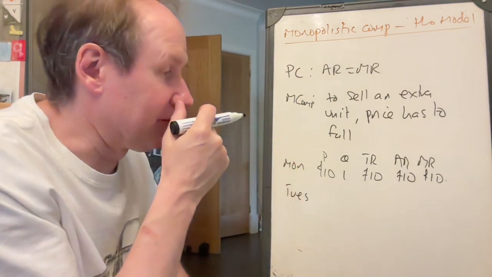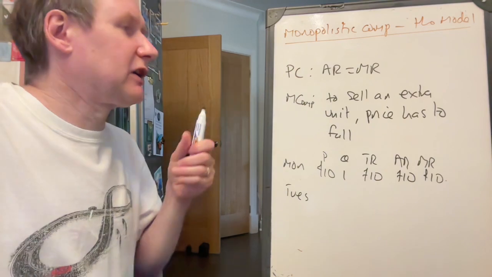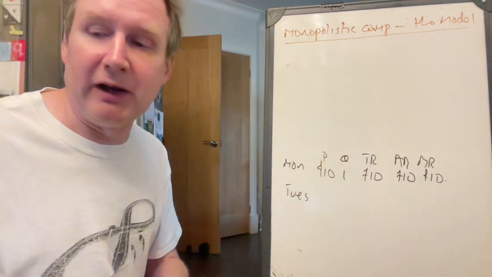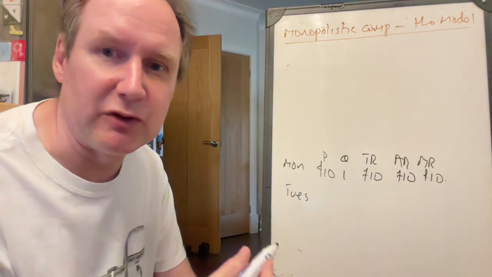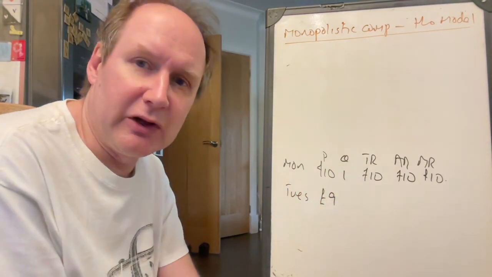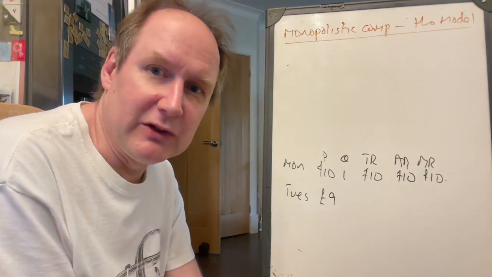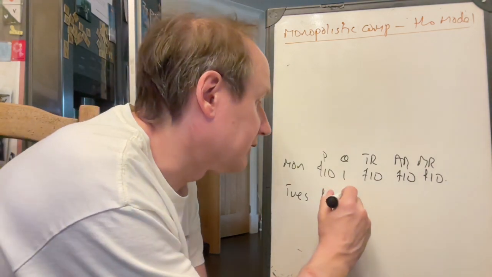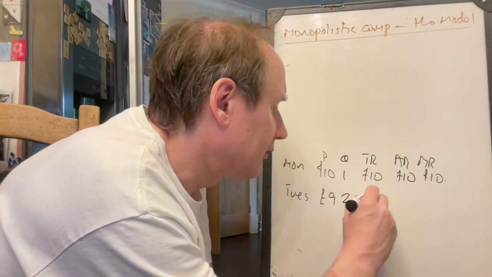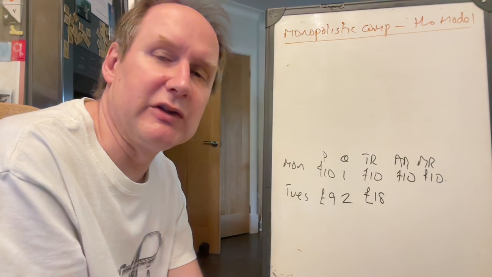On Tuesday, what happens is you discover that the price of pizzas has gone down. That they're having some sort of offer. The pizza company's cut the price to £9. So, being the little pig that you are, you decide you're going to buy 2 pizzas. So quantity is 2. Total revenue for the firm, it sells 2 pizzas at £9.